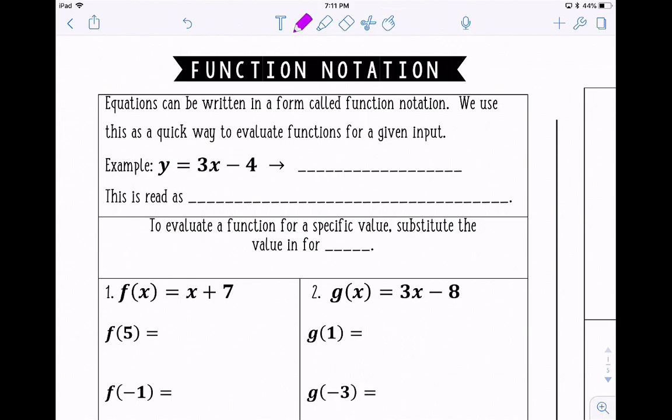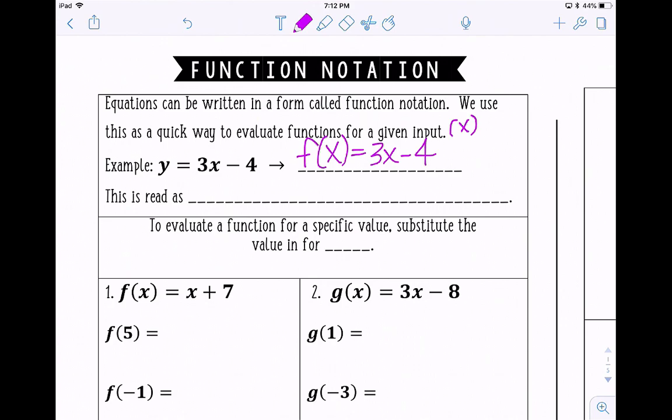So the input is always going to be the x, right? Input is x. Y then would be the output, okay? So, for example, we have y = 3x - 4. Another way that we can write that is f(x) = 3x - 4.